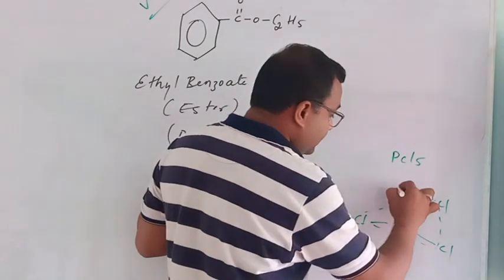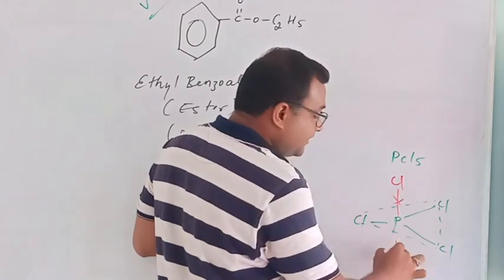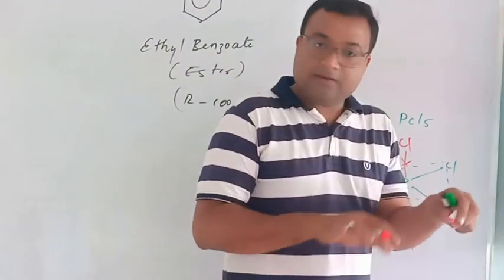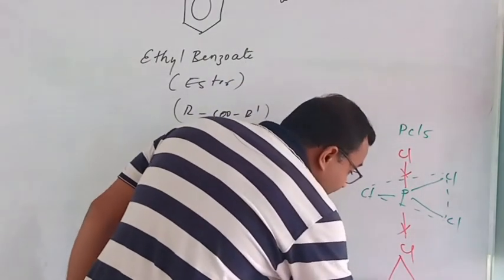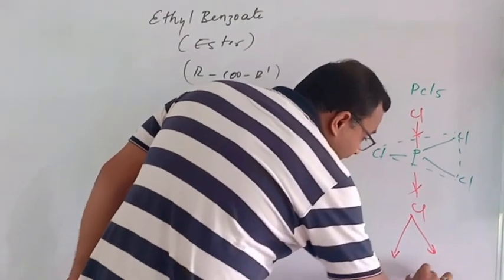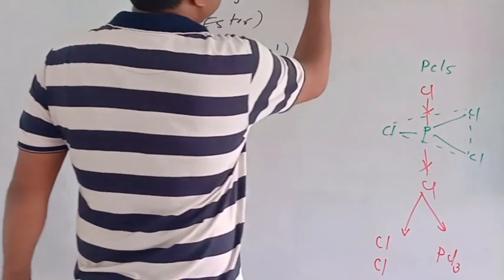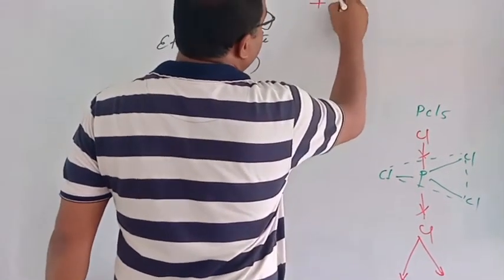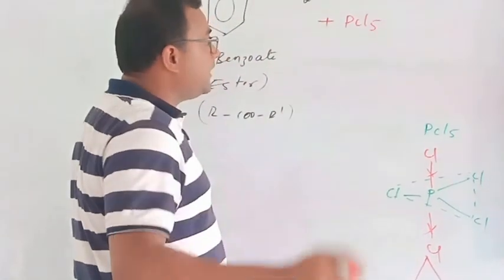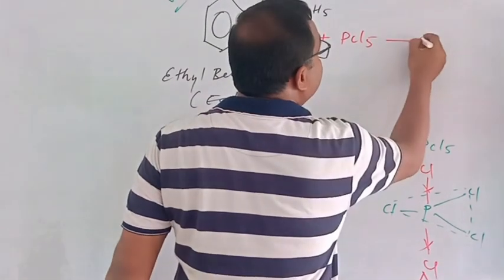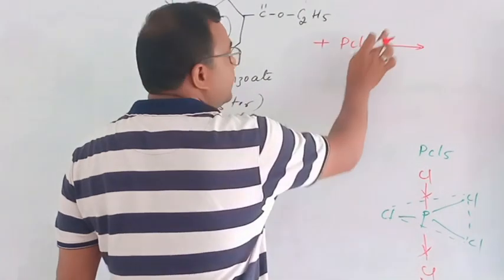These bonds break easily because they are not in the plane, and they get separated. So PCl5 breaks into Cl and Cl, and PCl3.